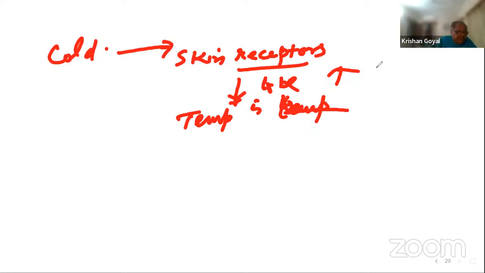I think this is all about your homeostasis. Now you can just read it in your book, in your copy, then we will do it more.